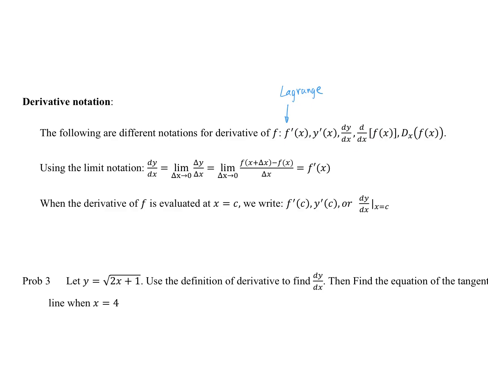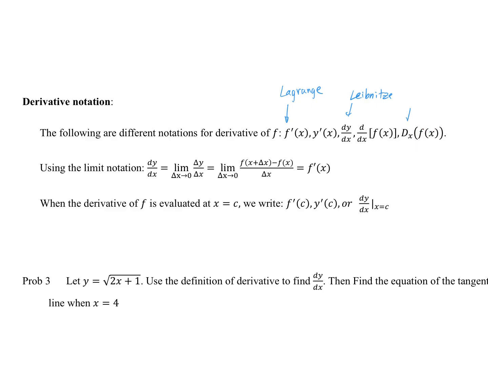This is the Leibniz notation. And we also have this, where d represents differentiation, and this x represents the variable, with respect to variable x. So this means to find the derivative of function f with respect to x.